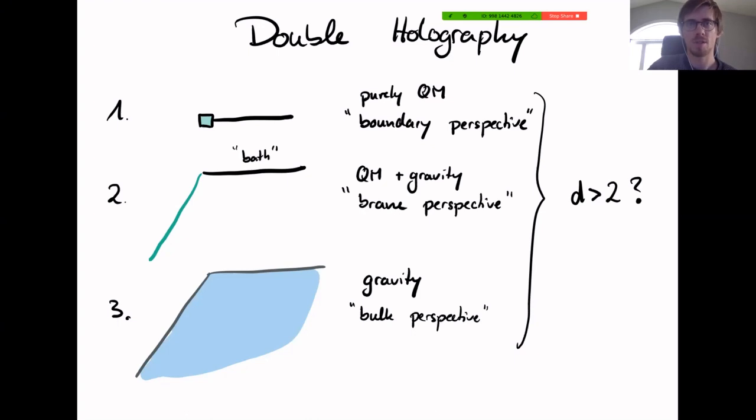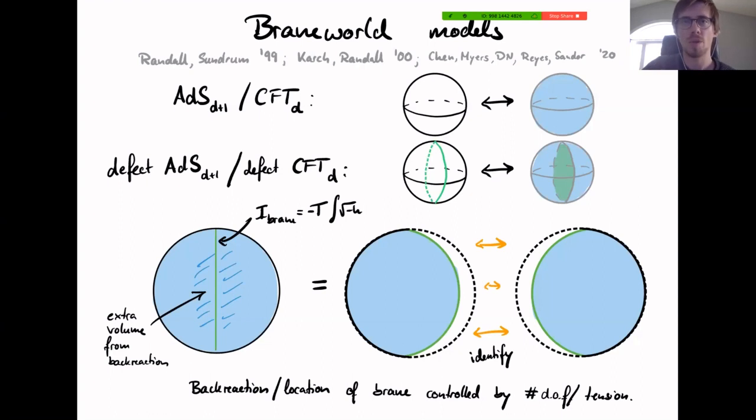If not, then let's go on and let's see how we can construct such models in higher dimensions. So luckily, the work for this was already done around '99 and the 2000s by Randall, Sundrum and Karch and Randall. And we've just taken this and applied this to the more recent developments in some paper, and there's also some work by people from UBC and some work by people in Princeton.